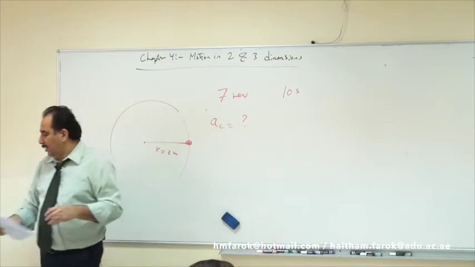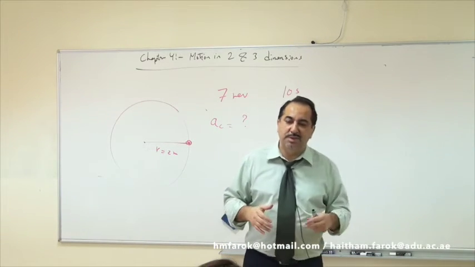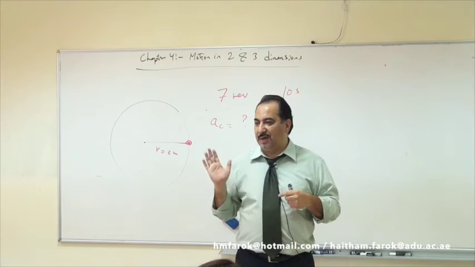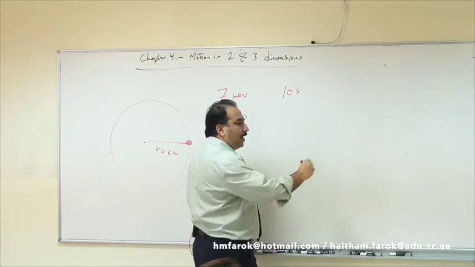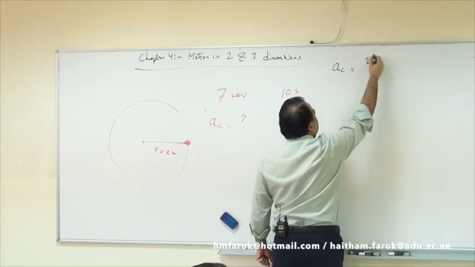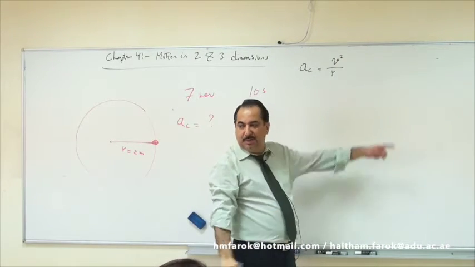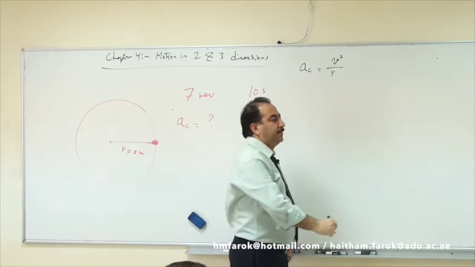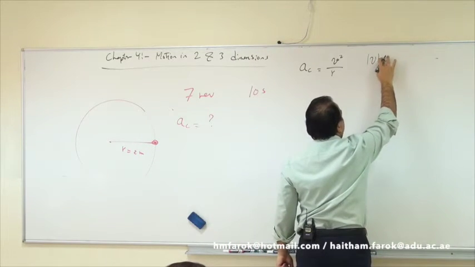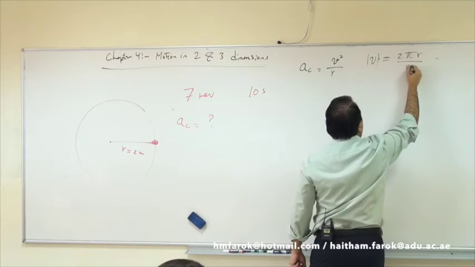Right. Now, let me remind you of uniform circular motion. In uniform circular motion, you have 2 equations and 1 conversion factor. What are the two equations? Centripetal acceleration equals v squared over r. Remember, velocity squared becomes speed squared over radius. And the speed, or velocity magnitude, I don't put absolute value, but it's okay, is 2 pi r over the period.